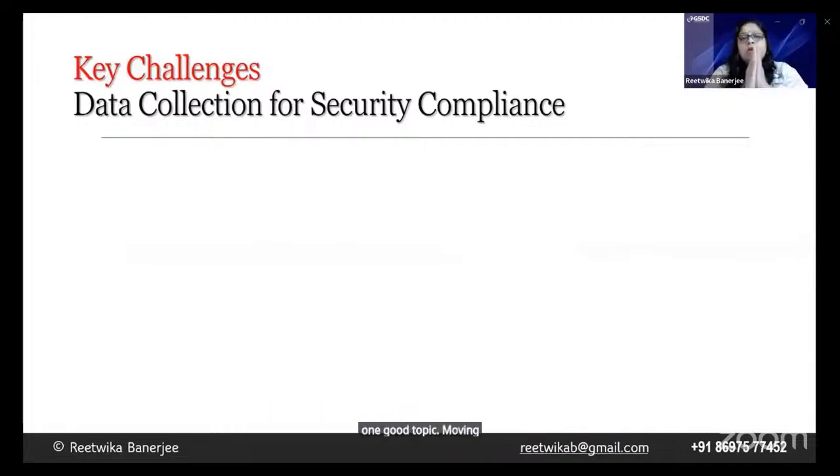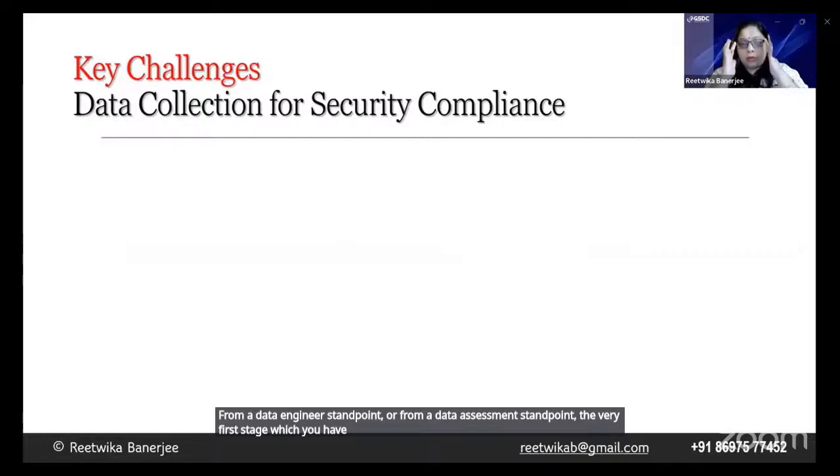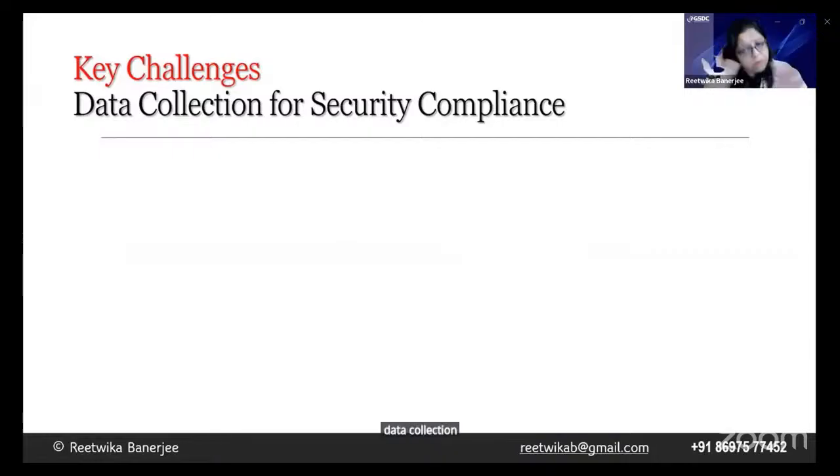Moving ahead, now let's wear a lens of data collection from a data engineer standpoint or from a data assessment standpoint. The very first stage where we start off is data collection. If we are building a private LLM for our own organization or our internal or private entities, we'll start off with collecting data.